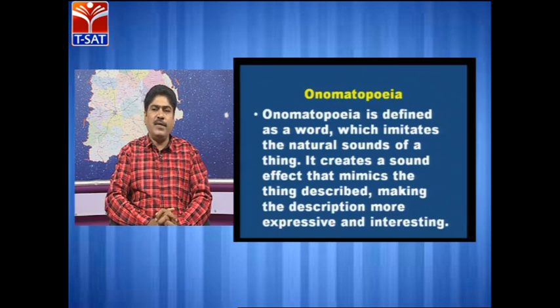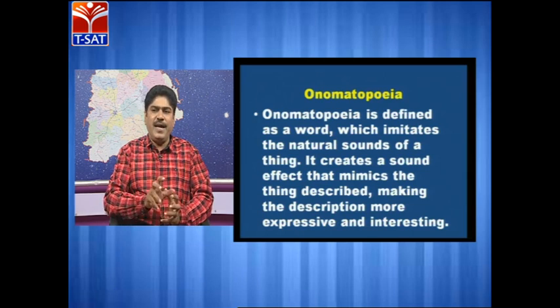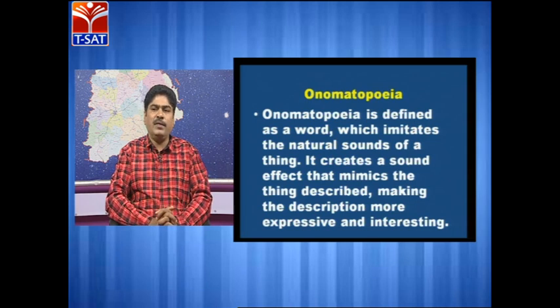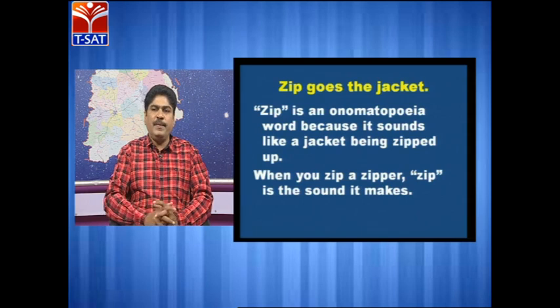And let us try to understand one other figure of speech, that is onomatopoeia. Onomatopoeia is defined as a word which imitates the natural sounds of a thing. It creates a sound effect that mimics the thing described, making the description more expressive and interesting. You observe zip. Zip is an onomatopoeia word.